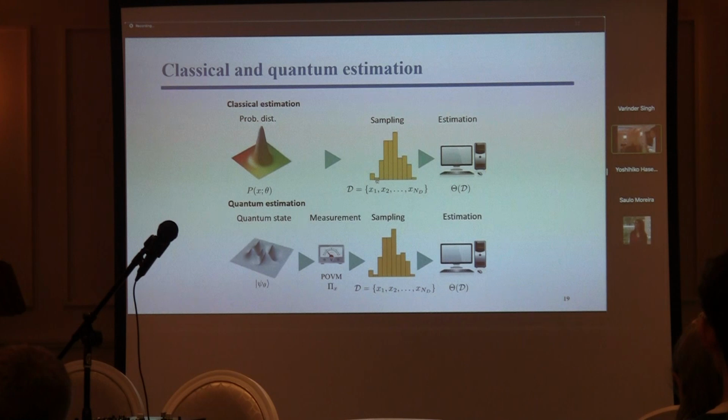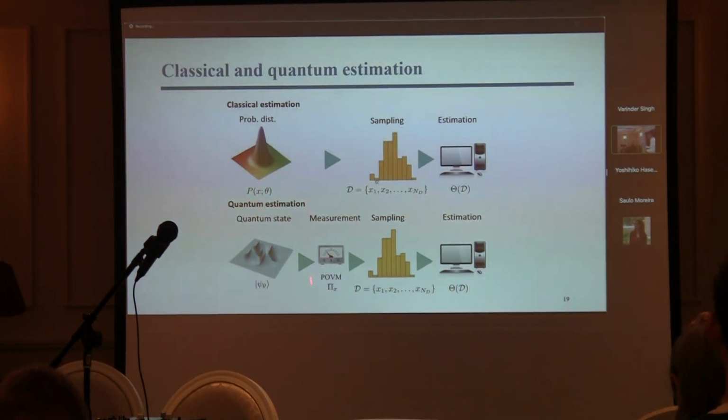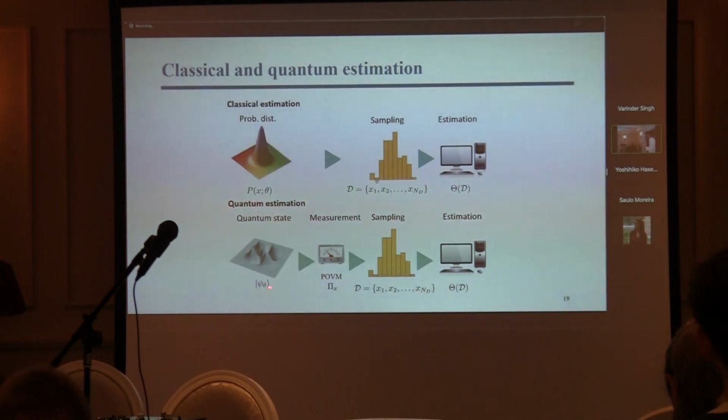So for quantum estimation, we have some quantum state which has parameter theta, but there is a degree of freedom in how we measure this quantum state. And after defining this measurement, POVM, the latter process is the same as classical estimation. So quantum estimation is more difficult than the classical case.